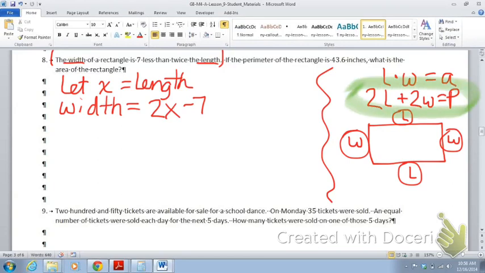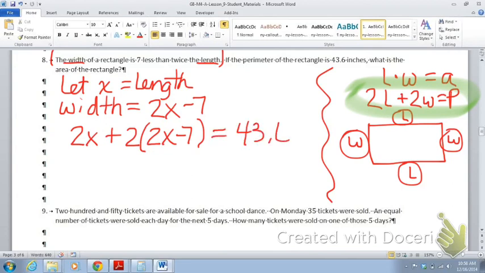Expression for the perimeter is 2 times the length plus 2 times the width. So what would that be? 2 times the length would just be 2x, plus 2 times the width would be 2 times (2x minus 7). And we're told that that adds up to 43.6.